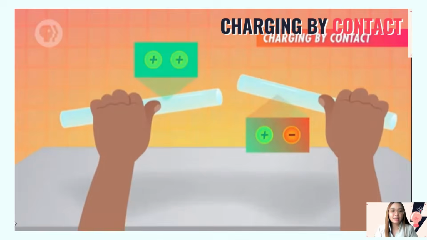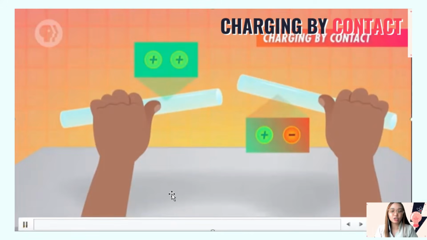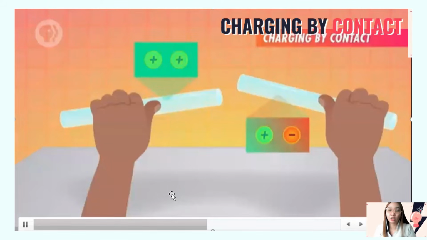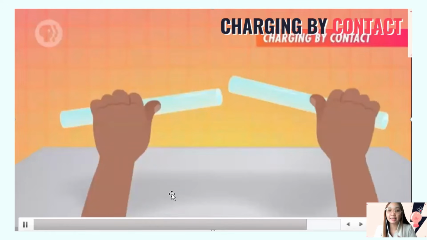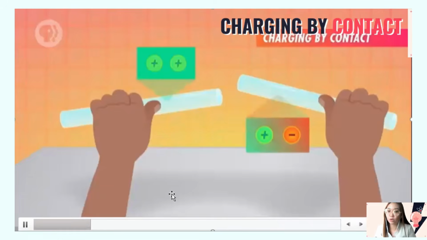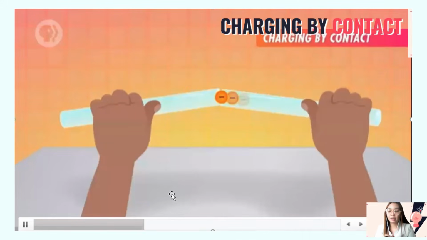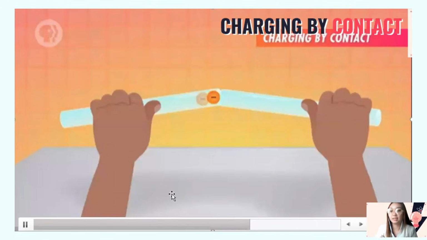ang tendency ni electrons would be to transfer or distribute itself from the most positive part of the other material. So, ang tendency, mai-equalize yan, mai-equalize yung amount ng protons at neutrons.